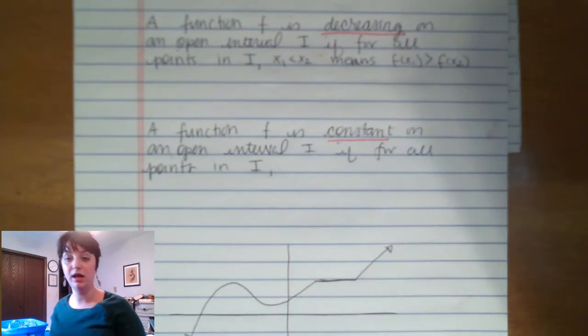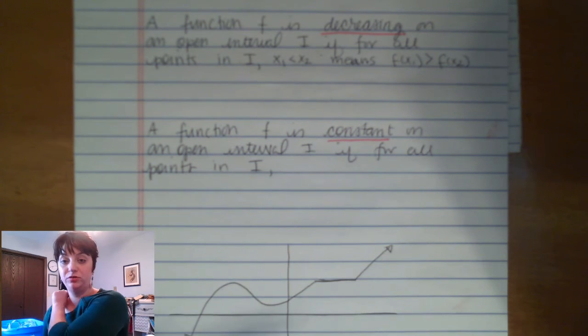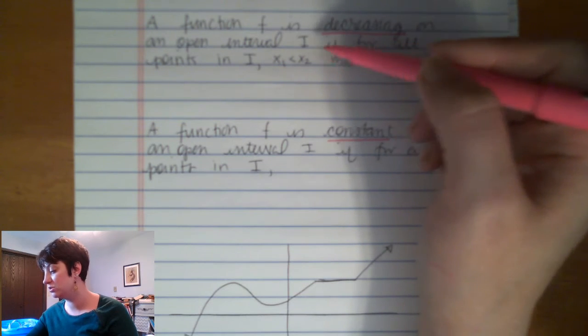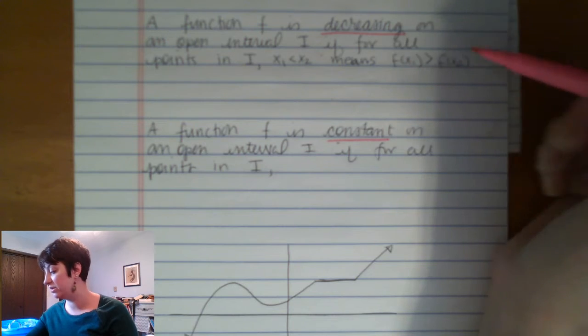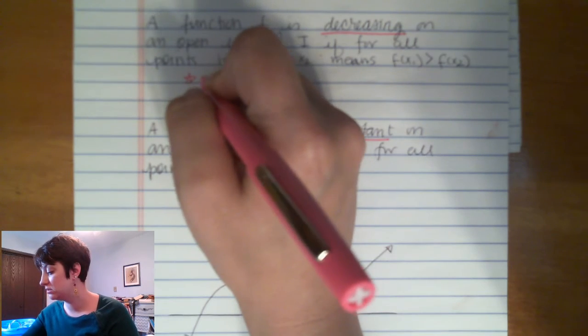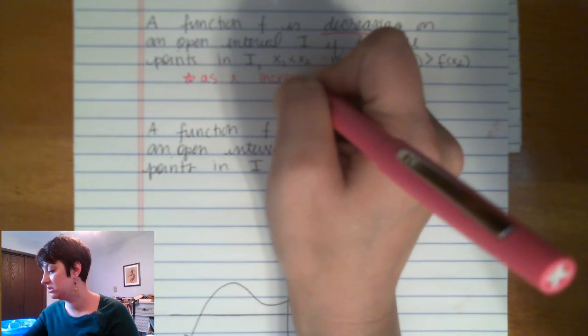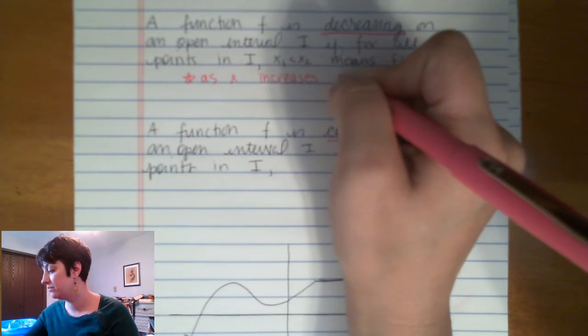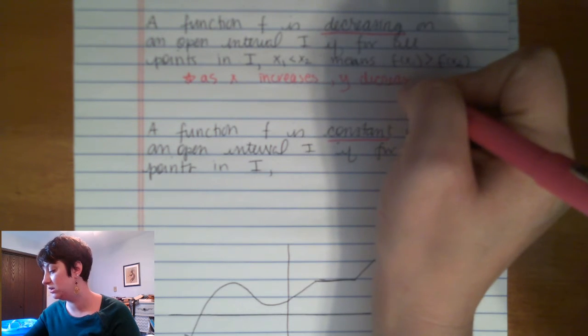Now remember, f and y are the same thing. f of x and y are two ways to write the same thing. So as my x gets bigger, x1, x2, x3, my f of x goes down. So this one's bigger. So as x increases, y decreases.